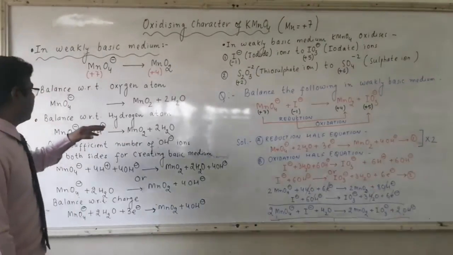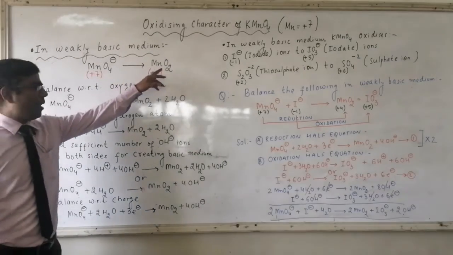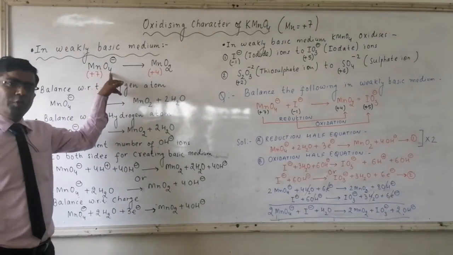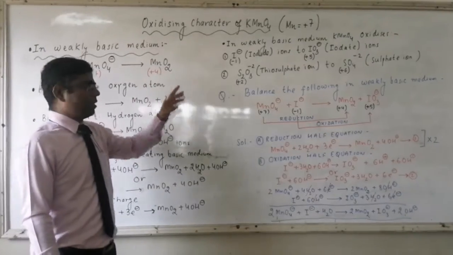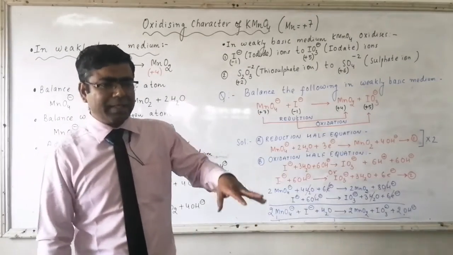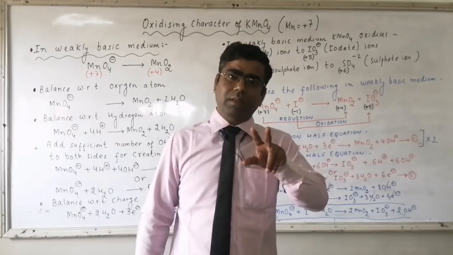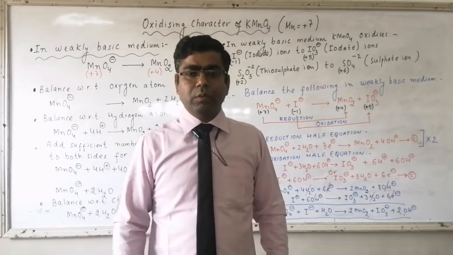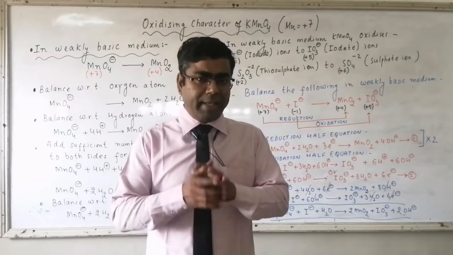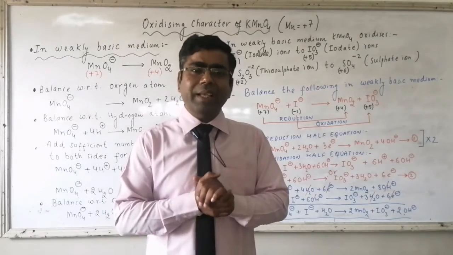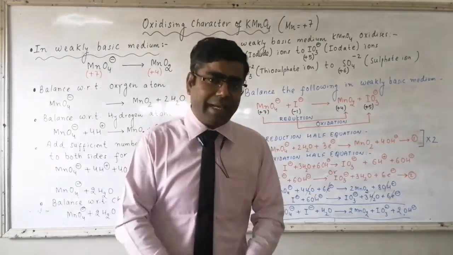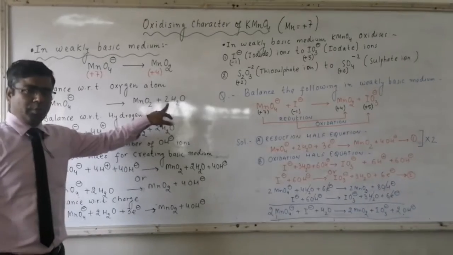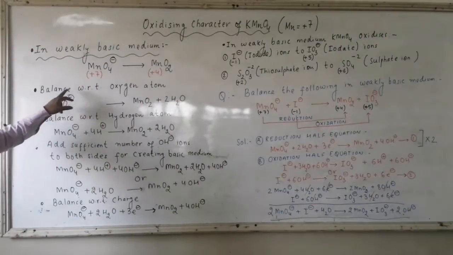If we check here, MnO4 minus gives MnO2 in a weakly basic medium. There are 4 atoms of oxygen on the reactant side and 2 atoms of oxygen on the product side. It means the product side has 2 atoms less of oxygen. So we will add 2 molecules of H2O towards the product side. In step number 2, we have added 2 molecules of H2O, and step number 2 is balanced with respect to oxygen atoms.